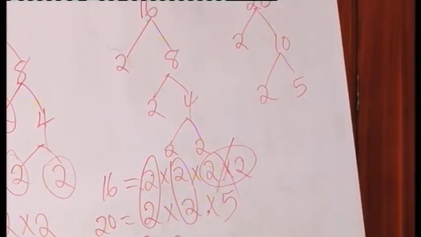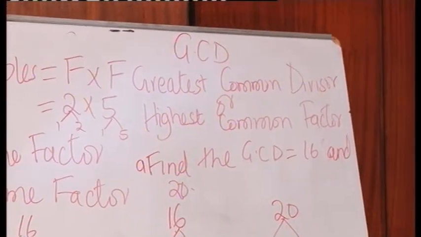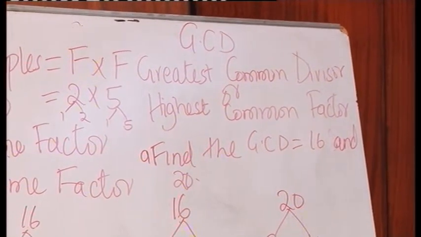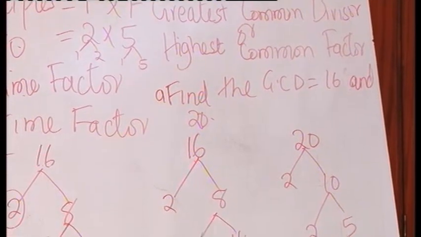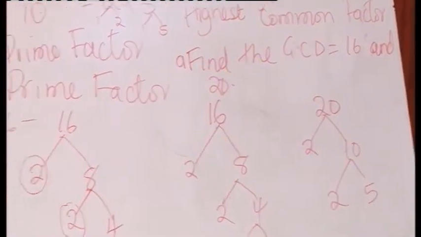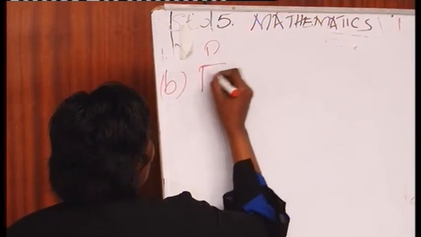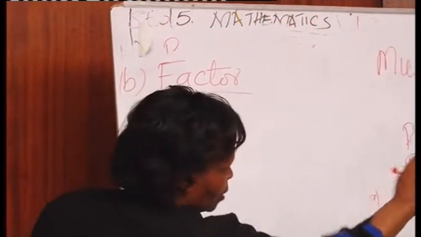Another method of getting GCD that you're supposed to learn in class 5 is whereby you use the factors of a number. This one is prime factorization.